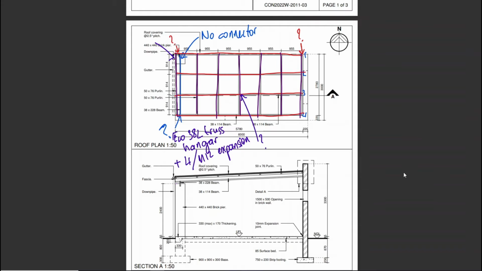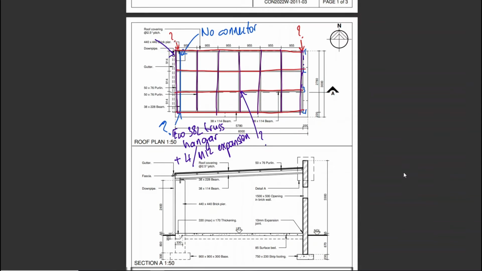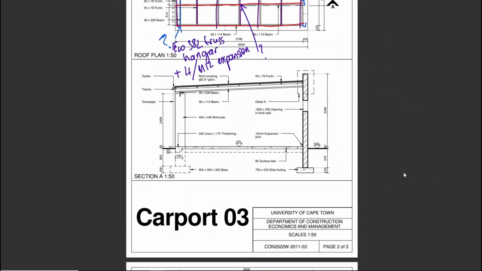The secondary beams are another story. The secondary beams which bear on the main beam come across here to brickwork. Let's take a look at what our dimensions for the secondary beam are. 38 by 228 is our main beam, and 38 by 114 is the secondary beam coming up to here.